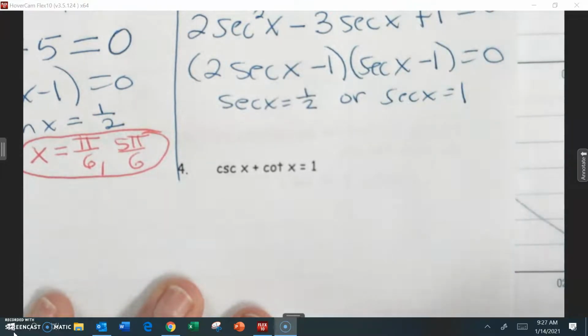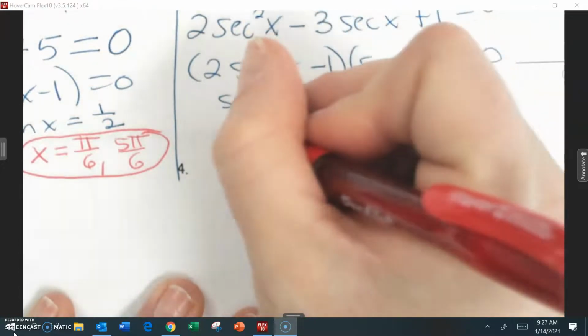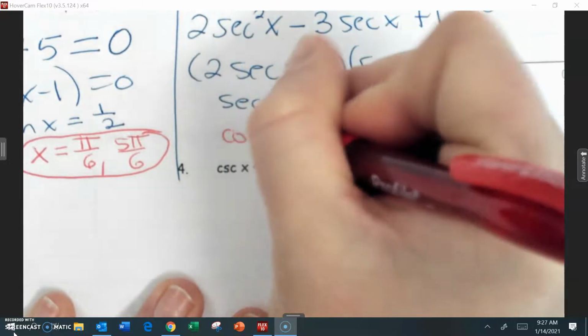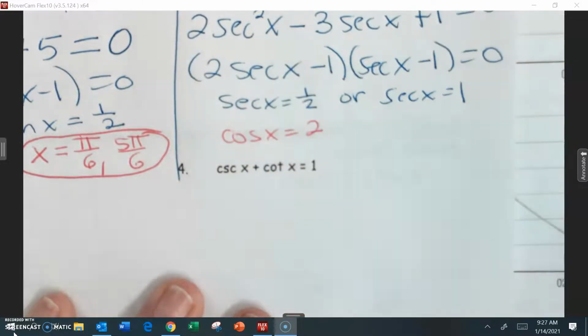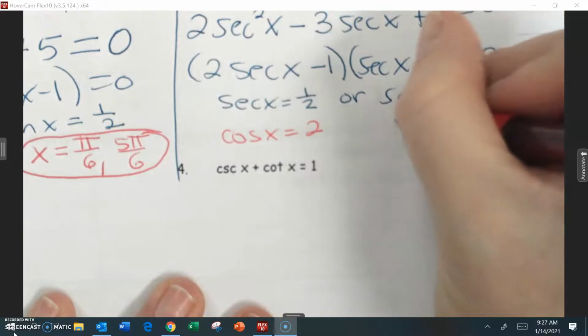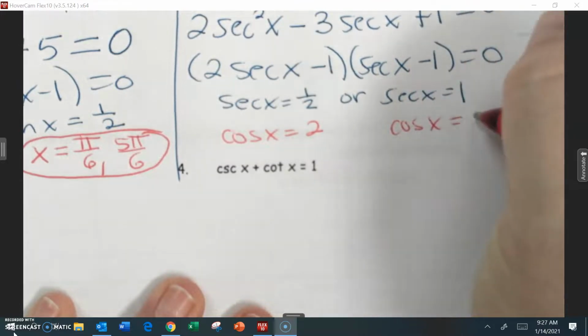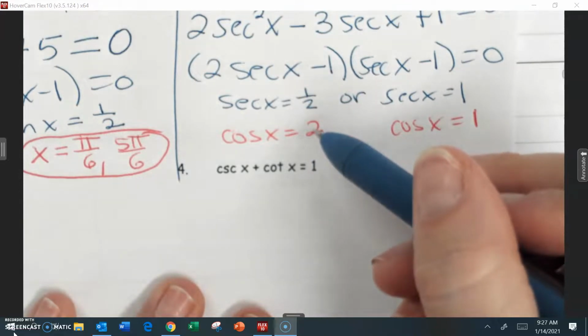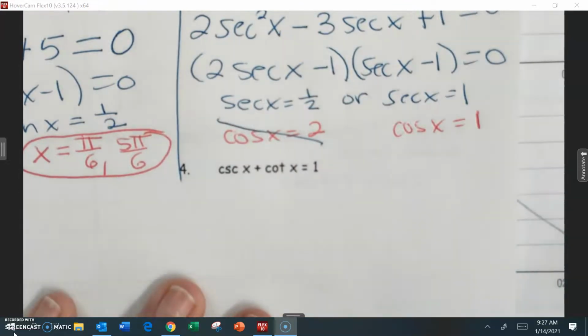Well, note to self, I don't deal with secant very well in my life, so I know that the reciprocal of secant is cosine of x, so this reciprocal is 2. And then the cosine of x, the reciprocal of 1 is 1. Well, we talked about this in the warm-up today. Nope, never going to happen, because the range of the parent cosine graph is from -1 to 1.